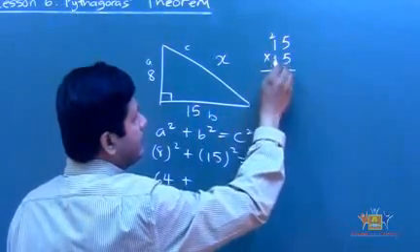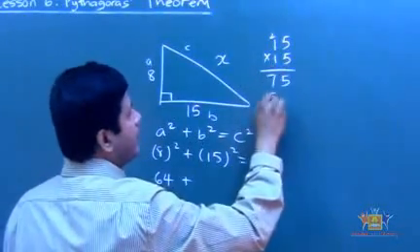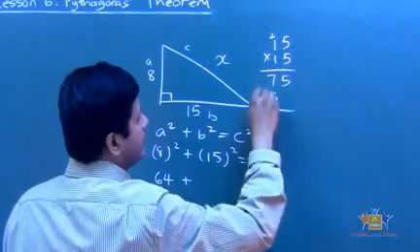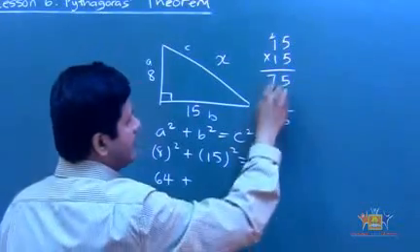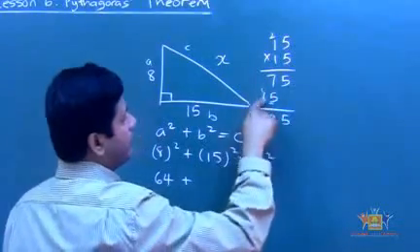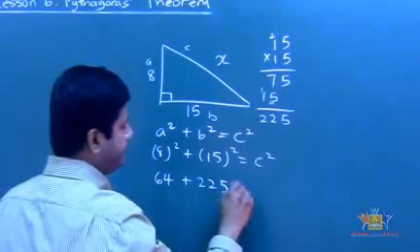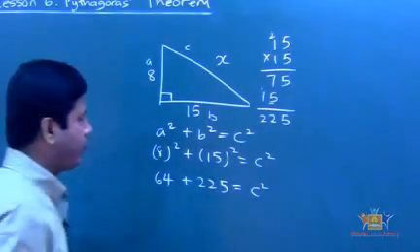Then I multiply by the 1, starting right there. 1 times 5 is 5, and 1 times 1 is 1, and then I sum them up. 5, 7 plus 5 is 12, so I carry 1. 1 plus 1 is 2. That gives me 225, equals C squared.